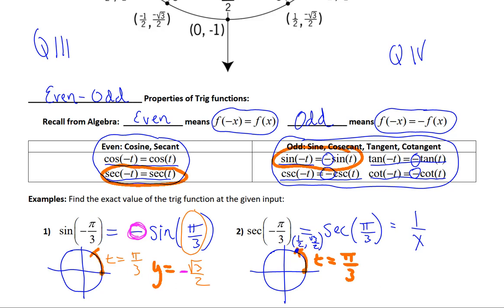It's getting kind of small here to write. But if I want 1 over x, and x happens to be 1/2, then I could say this is really 1 over 1/2, which is the same thing as 2. And so here we have examples of using the negative identities to find exact values of given trig functions and inputs.